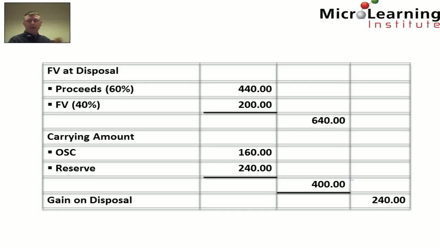Now you can see fundamentally how this working differs from the working where we retained control. Where we retained control, the gain was taken to equity. Where we lose control, the gain on disposal is recognized in reserves.